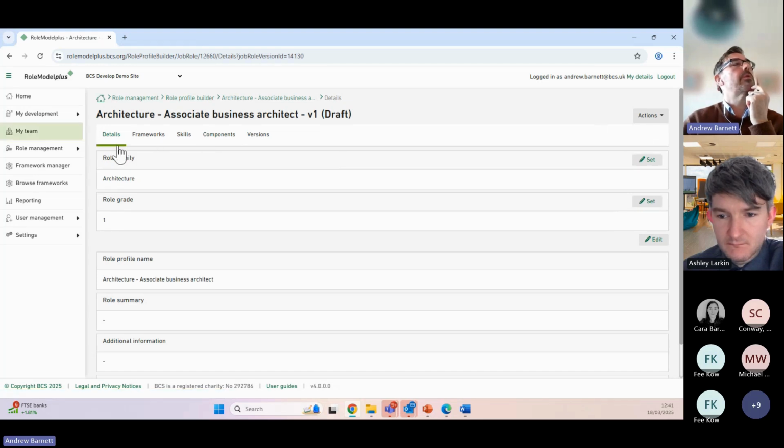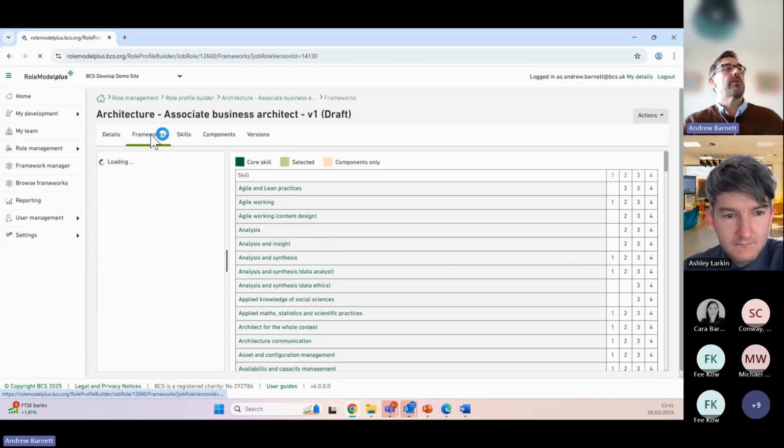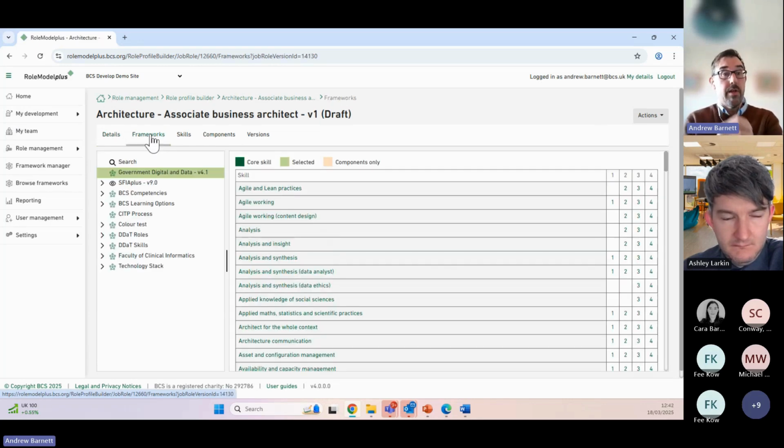So, but what I will do quickly, if I don't want to publish that just yet, if I go back to frameworks, I'll just leave it on this, because this is really important. One thing is that we get all bogged down in the technical exercise of building role profiles.